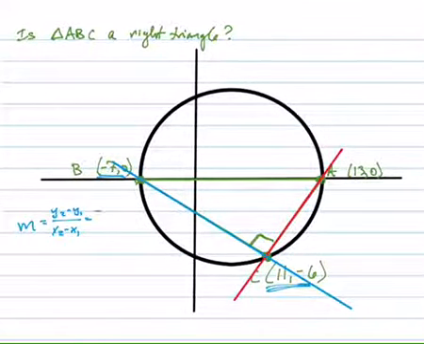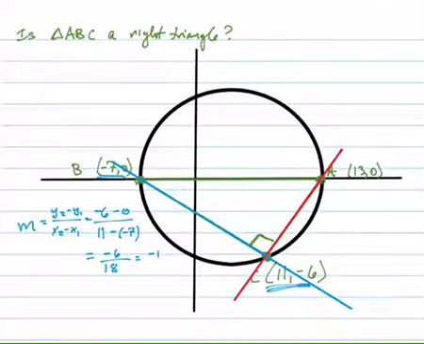So it's going to be negative 6 minus 0 over positive 11 minus a negative 7. Notice how I'm being very careful with my negative signs. So that equals negative 6 over 18, which equals negative 1/3. That's the slope of that blue line.